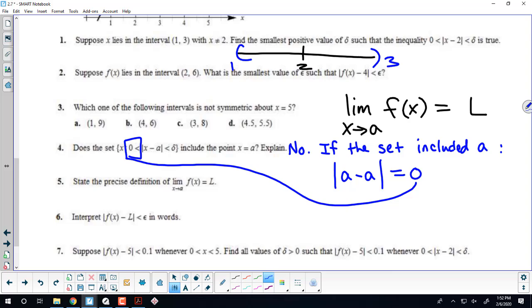It should say largest. What's the largest possible value for delta here that keeps me in this interval? What is it? 2.9? Well, if I went 2.9 units from 2, I'm out of here, right? 0.01?